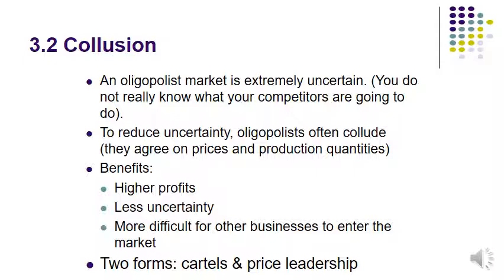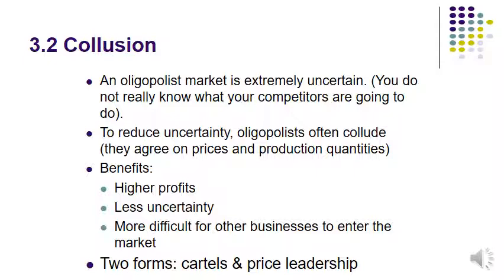Collusion is an agreement on prices and production quantity. So businesses sit down together, discussing prices and how much they're going to produce in order to maximize their profits. There's also less uncertainty, and that makes it more difficult for other businesses to enter the market.